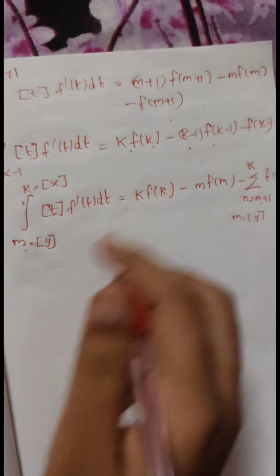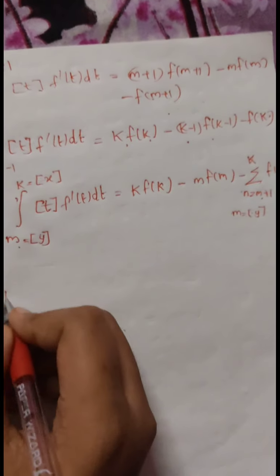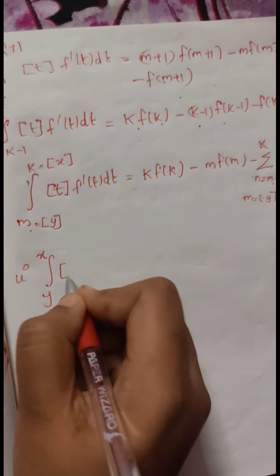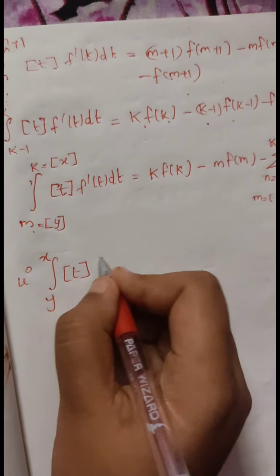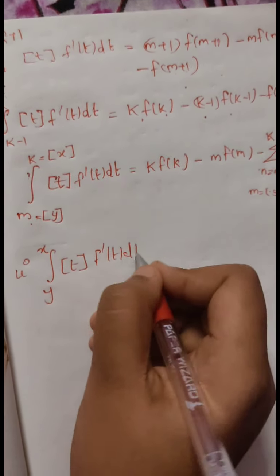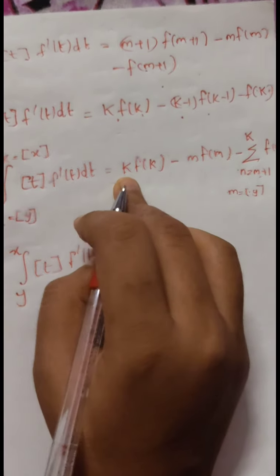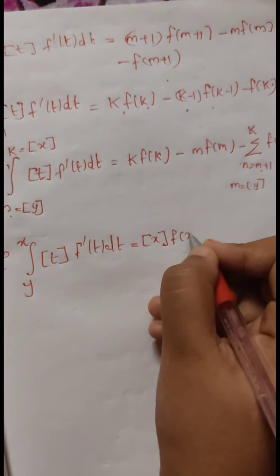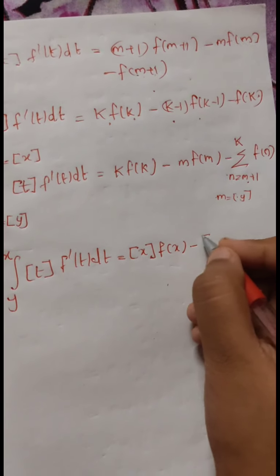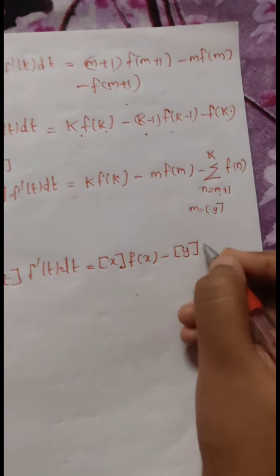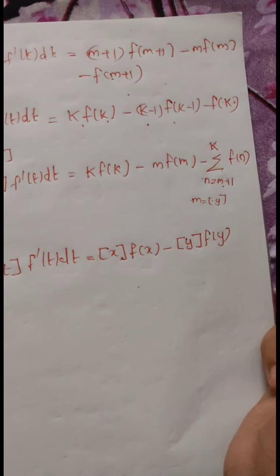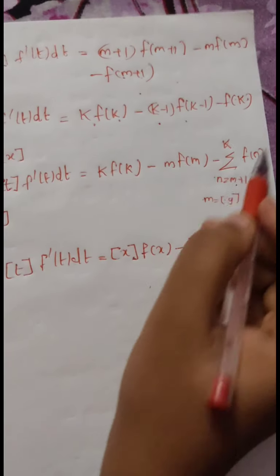This is the same as writing the integral from y to x of the greatest integer less than or equal to t times f dash of t dt, which will be equal to, actually, what is k? The greatest integer less than or equal to x, f of x, minus the greatest integer of y times f of y. m is the greatest integer of y, isn't it? Then we have this summation.